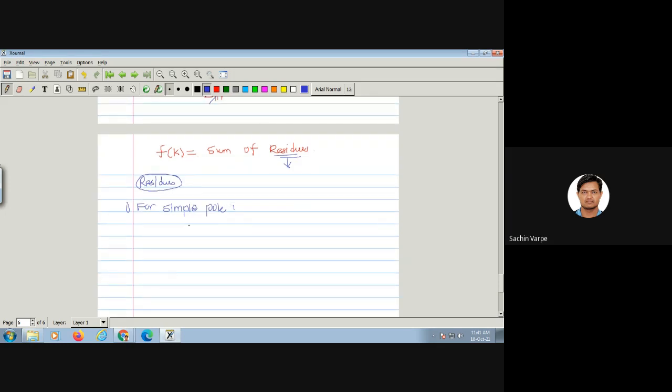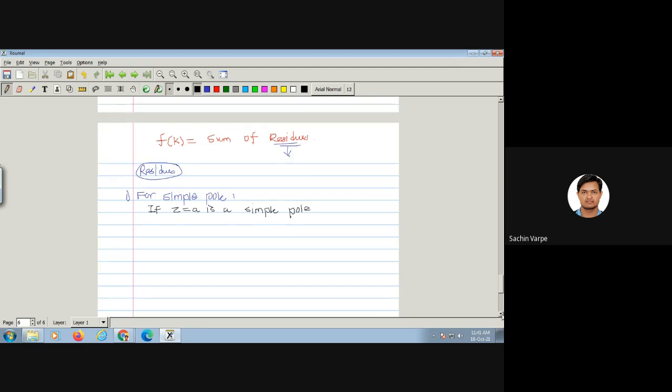Am I audible? Yes, sir. So for simple pole, the formula for residue is: suppose z equal to A is a simple pole, simple pole means pole of order 1.